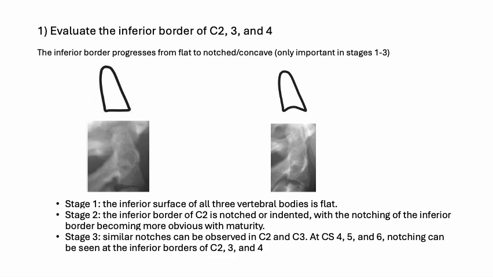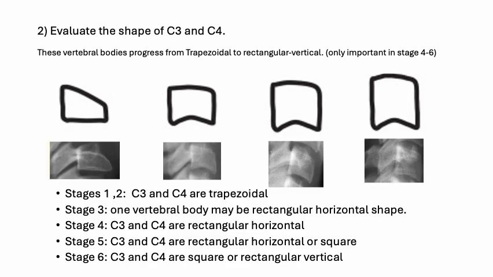So after you've evaluated the inferior border of C2, 3, and 4, the next step is to evaluate the shape of C3 and C4 on the lateral radiograph. And the vertebral bodies will progress in a fairly predictable pattern from trapezoidal to rectangular vertical, which is defined as the inferior border being shorter than the anterior and posterior borders.